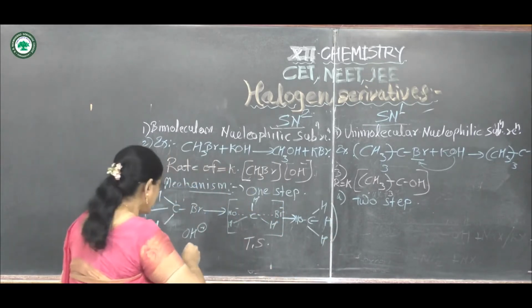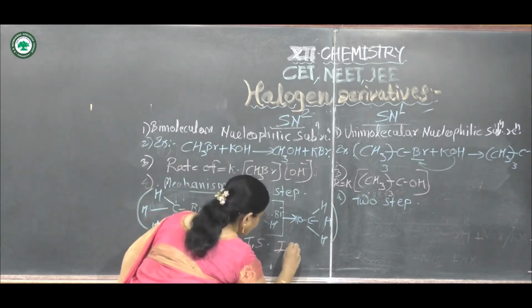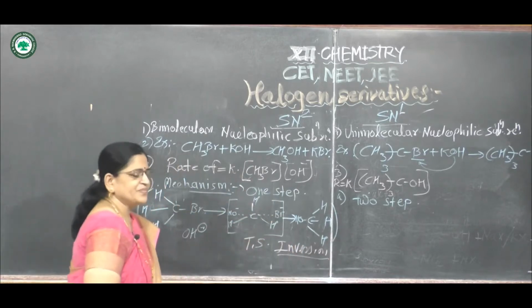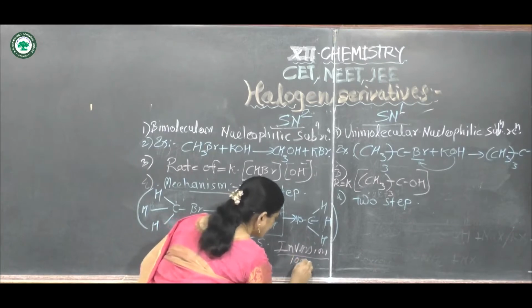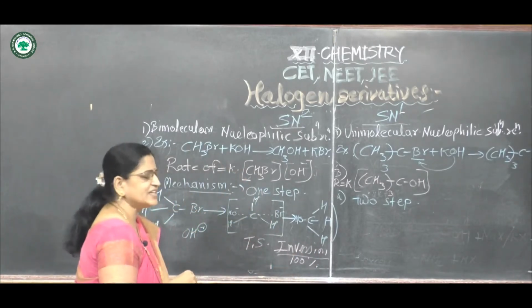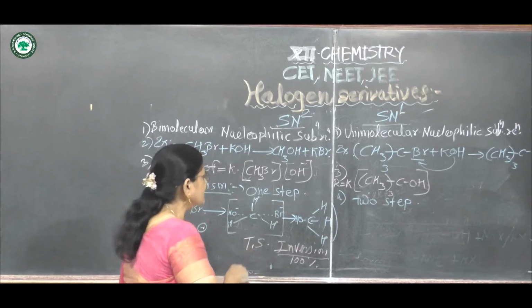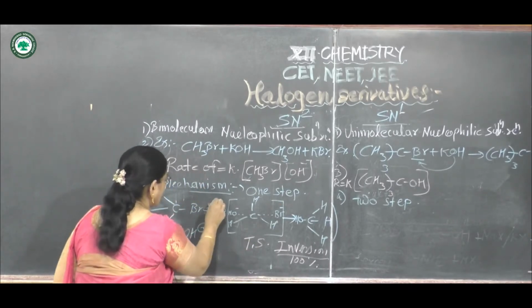Hence it is called inversion in configuration. That means there is 100% inversion in configuration. Then next, this mechanism is a slow step mechanism.